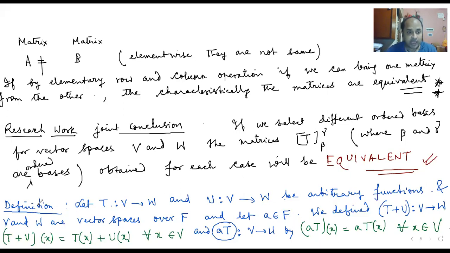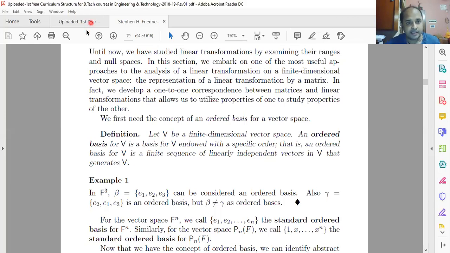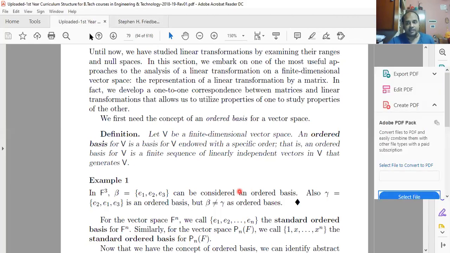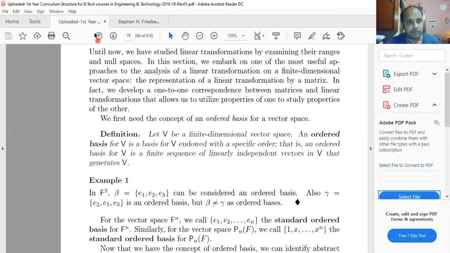Why have I shown this definition to you? Let me stop the share and show you something from one of the pages of the book, so the thing will be clear. In the syllabus, what is the status?